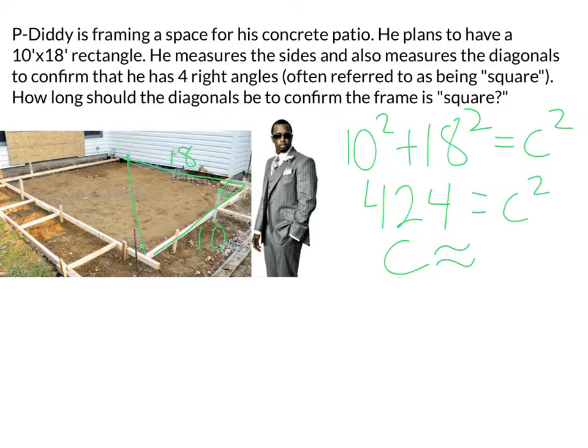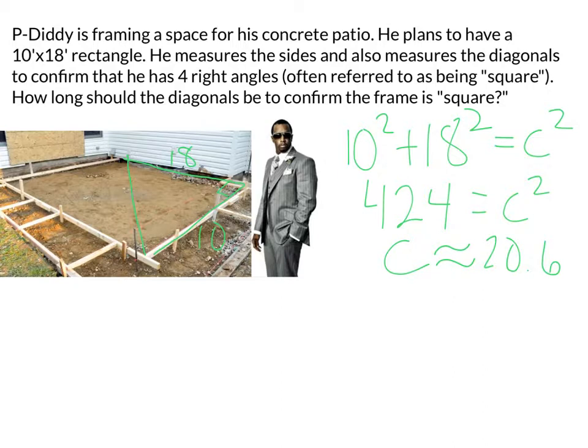And it says 20.59. So 20 point, we'll say about 6, rounded to the nearest tenth. So just over 20.5 inches. So if he's taking out his tape measure, he's got a buddy holding it on one end, making sure it's pulled tight, and he gets about 20.5 inches right around there. He should get that for his other diagonal as well, and he knows it's all good.